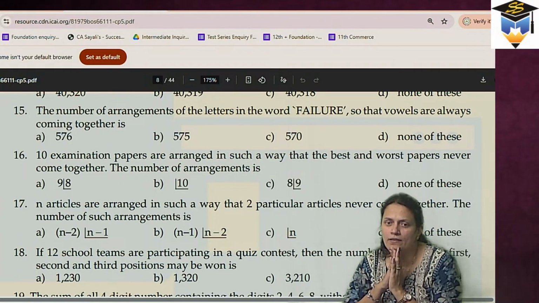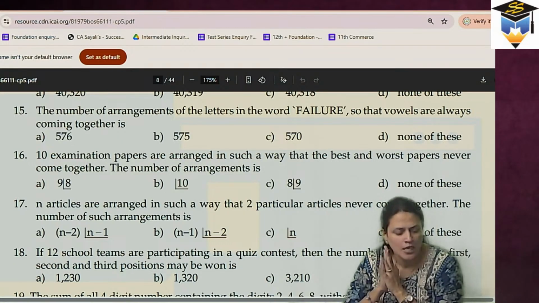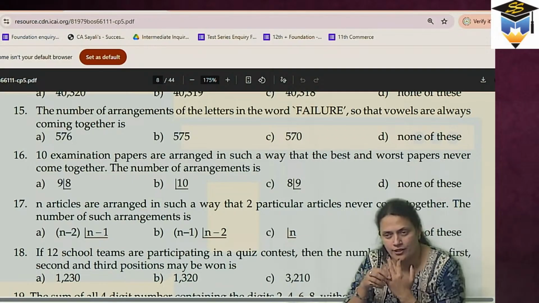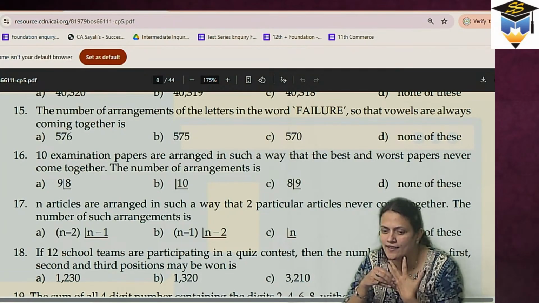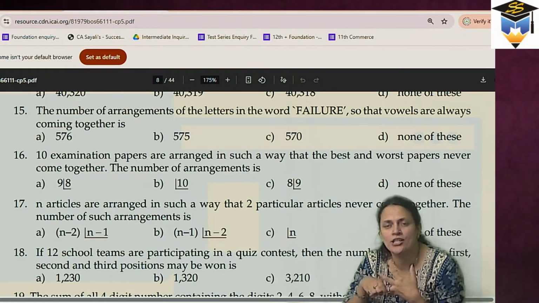How many are remaining? How did you get it? 10 minus 2? 8. So how will you solve it? 8 factorial into 9 factorial will be the answer. Option C for question number 16.